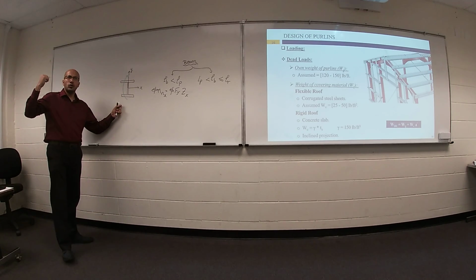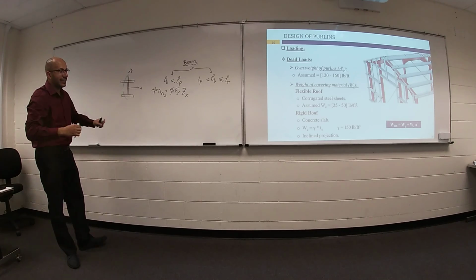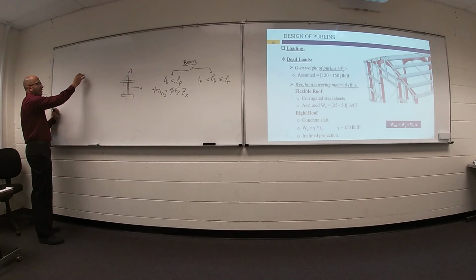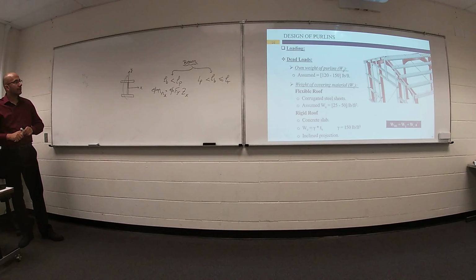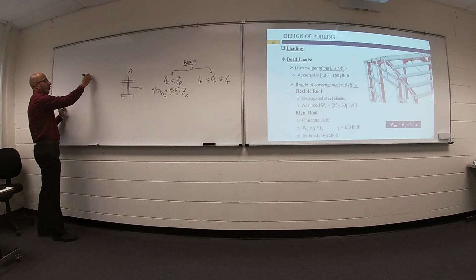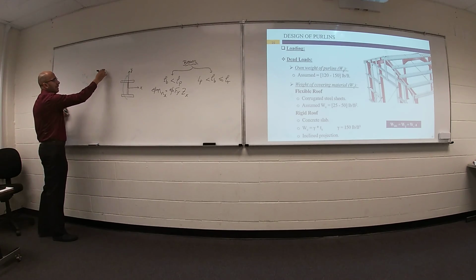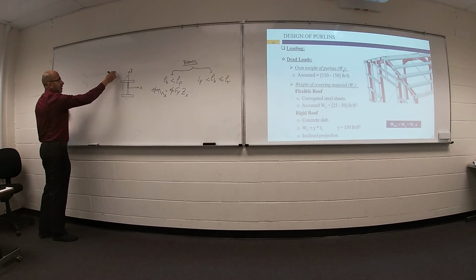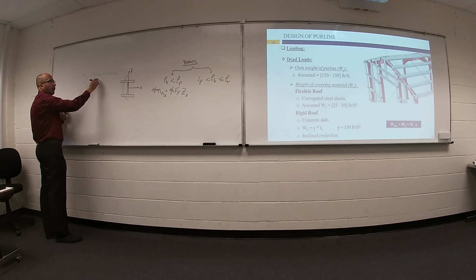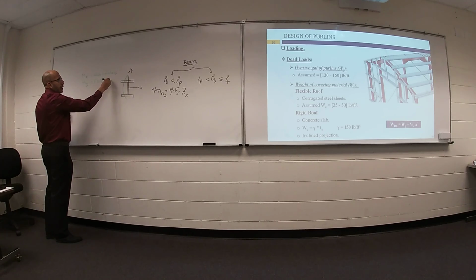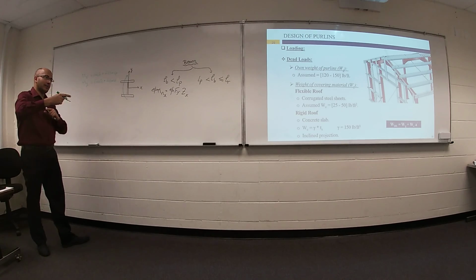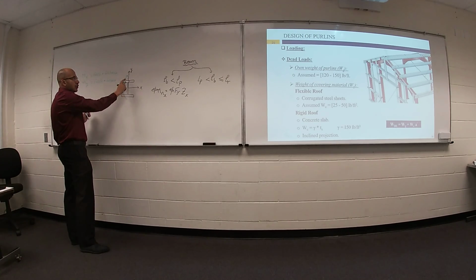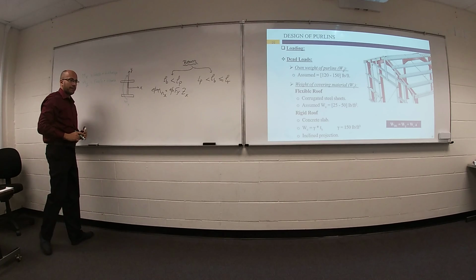Go back to mechanics of material. Anybody remember what is the difference between MX and MY? Do you remember? MX is a moment equal force time distance. MY is a moment equal force time distance. But if your moment rotate about x-axis, your moment called MX.